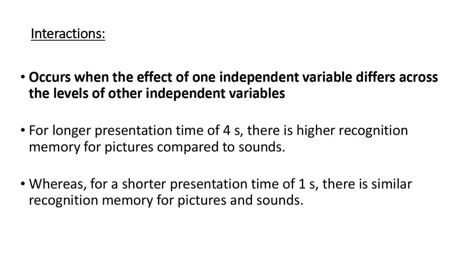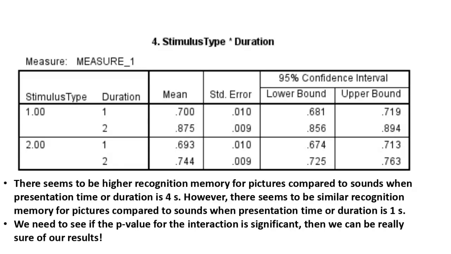And that could be your second. And your third hypothesis could be that for longer presentation time, there's higher recognition memory for pictures compared to sounds. Of course, you have to give an explanation for why you're making these hypotheses. You are, of course, looking at the literature to make your justification.